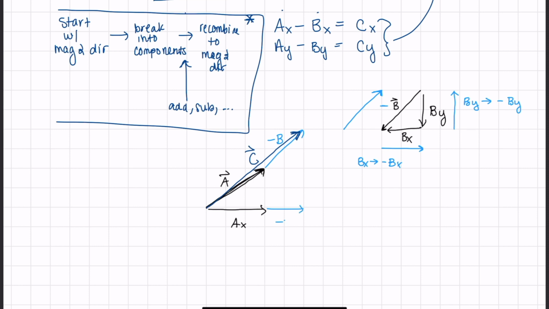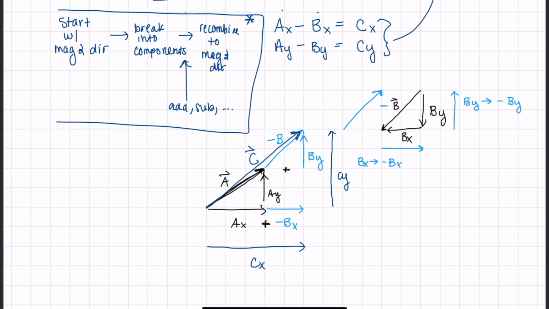Now we have our negative BX, and we have AY, and BY. And then the other thing I'm just going to show here, since this is a nicer picture to see it, is that we have CY and we have CX here. So that also shows adding these together will give you those, adding these guys together will give you that CY.